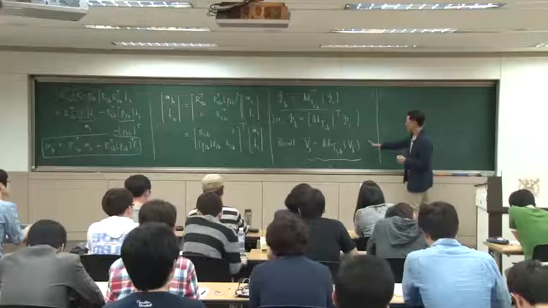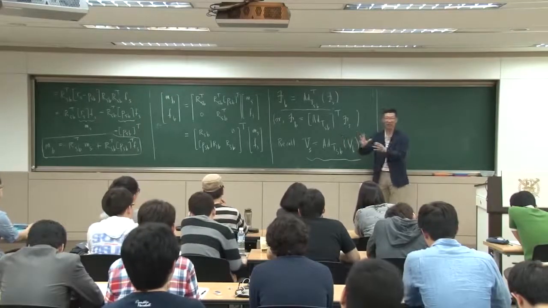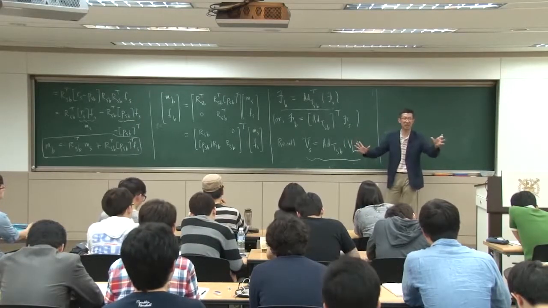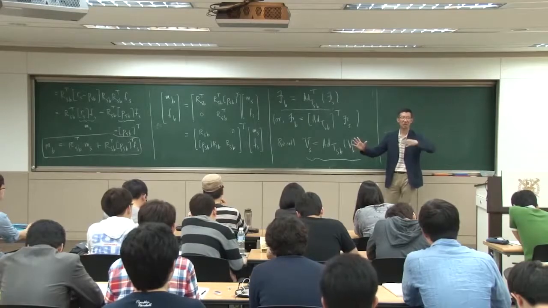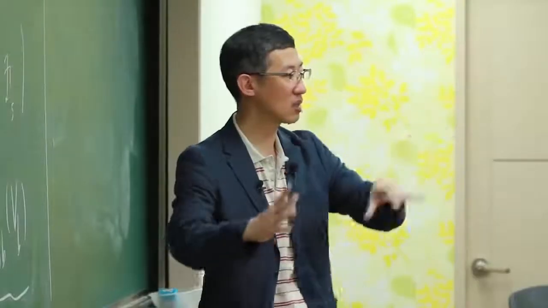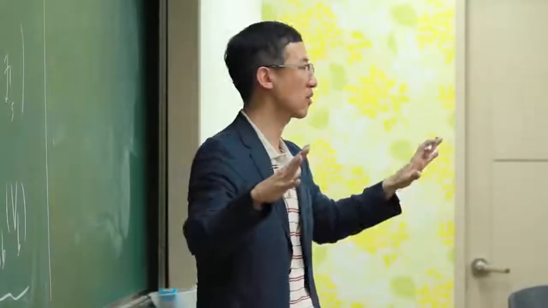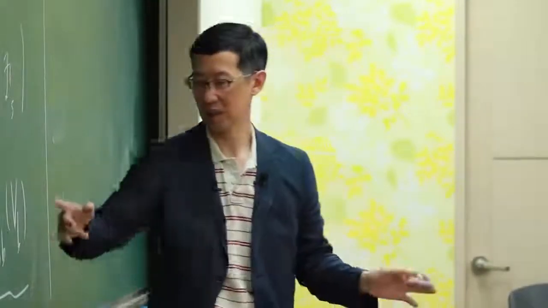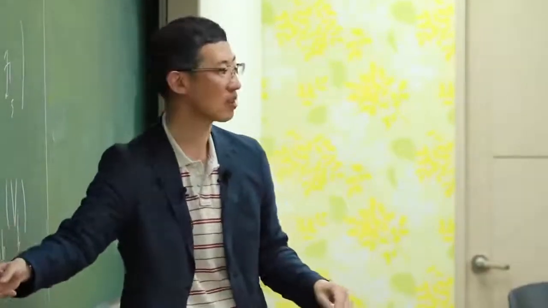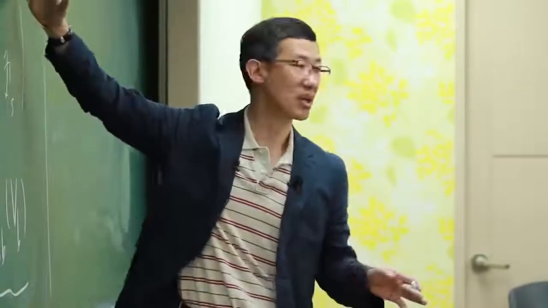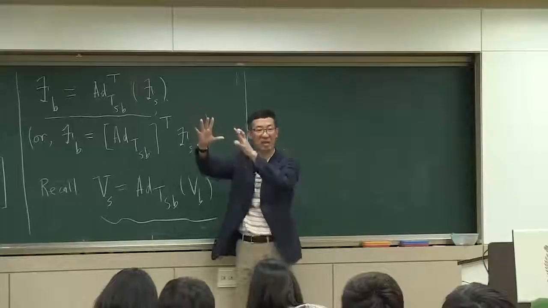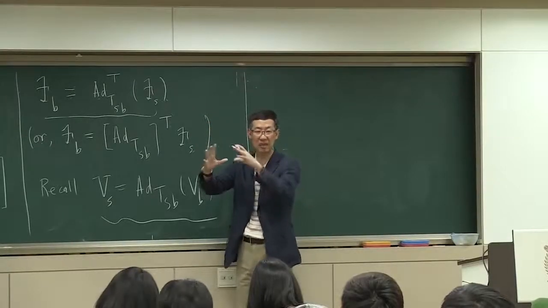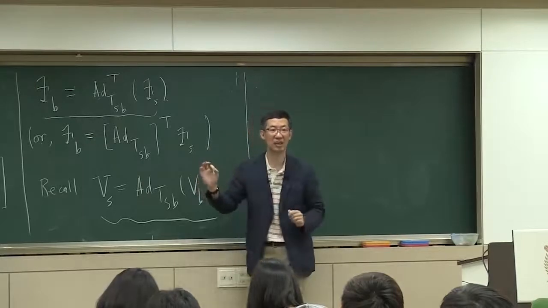So remember, this applies if you have any two reference frames, A and B. You want to describe the spatial velocity in terms of frame A and also in terms of frame B. This relationship holds. You can replace V_S by V_A. Same thing with this relation. You have some forces, a spatial force, being applied to a rigid body.